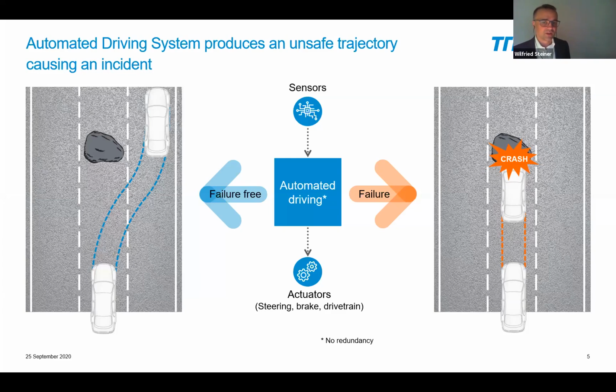So the question is, how can we design a self-driving car and automated driving system sufficiently reliable and sufficiently safe that even those kinds of failures in the system can be tolerated?